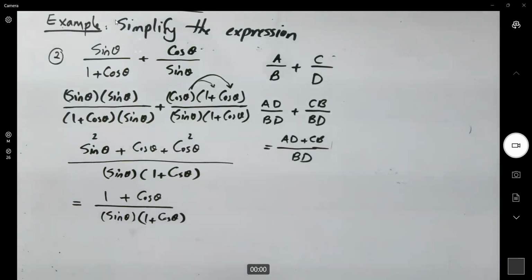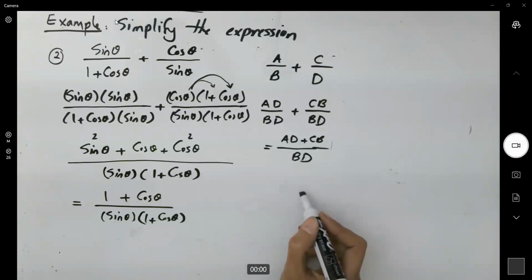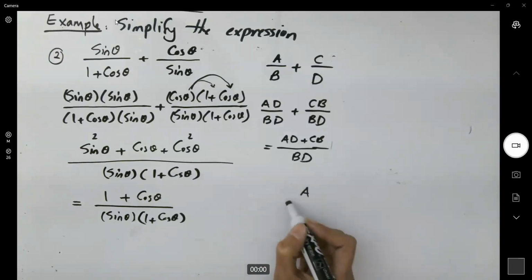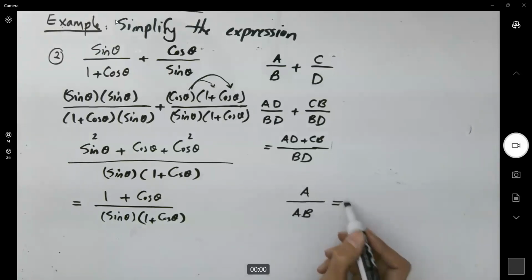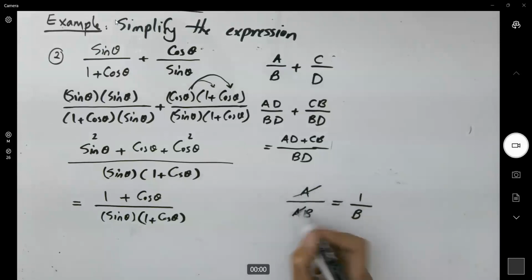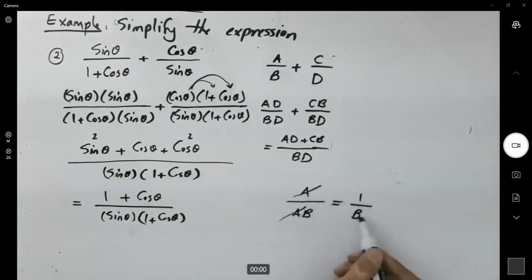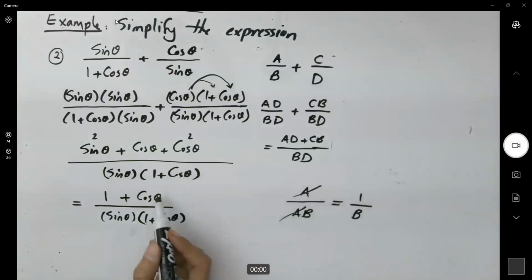Very well. Hey, what do I have here? I have something similar to this. I have A divided by AB, which becomes 1 over B. I can cancel out the common factors. I'm left with 1 on the numerator. On the denominator, I'm left with B. It's the same scenario here.